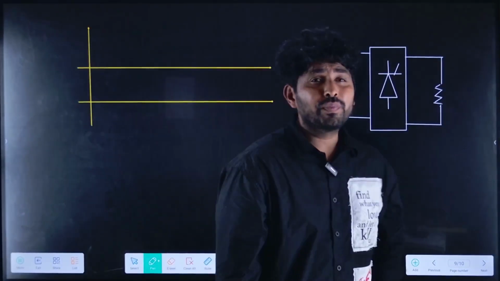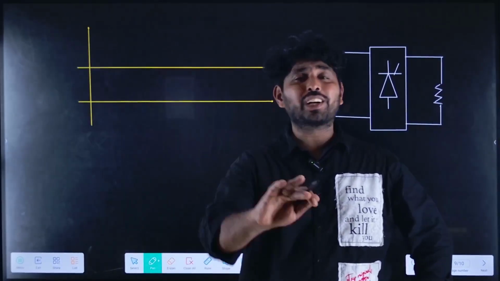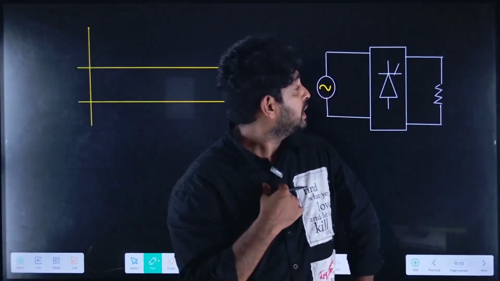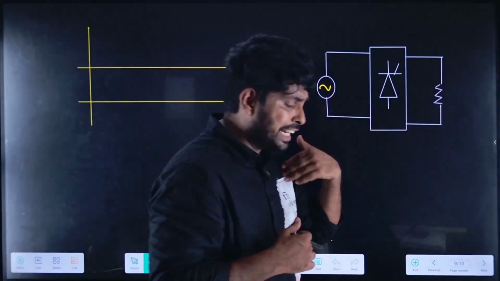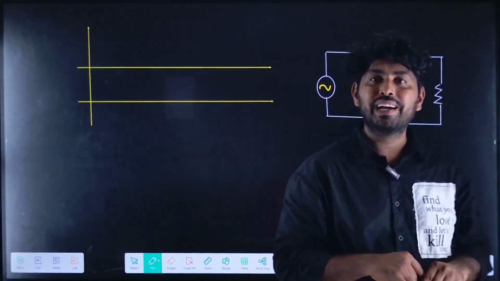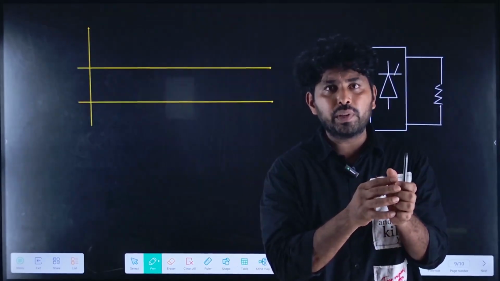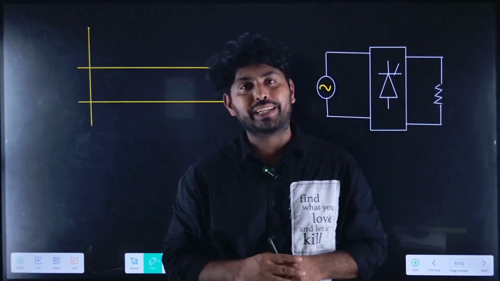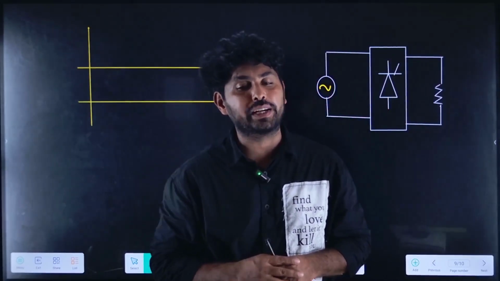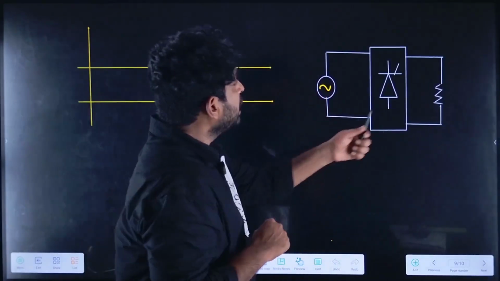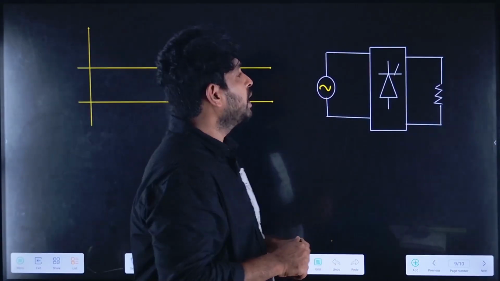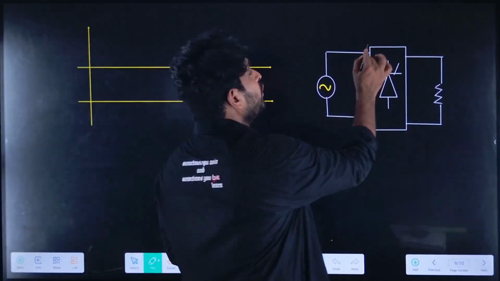Now when I read power electronics, I got a doubt. In networks I studied that when I connect a resistive load to the system, it will operate at unity power factor. But let us assume the resistive load is connected through a full wave rectifier.